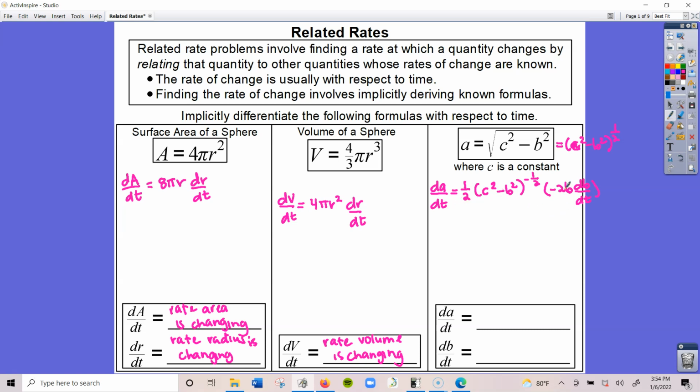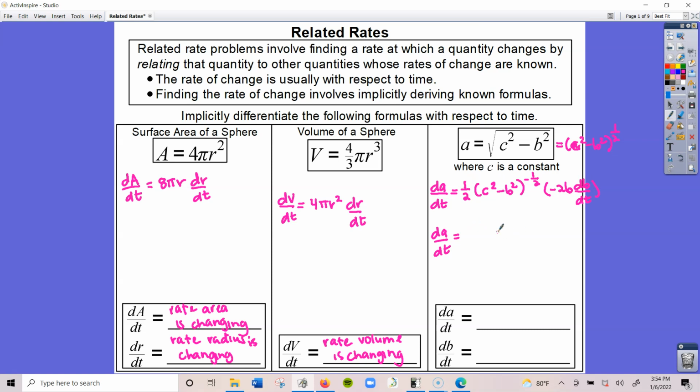Now, of course, with any of these derivatives, we never want to keep negative exponents because we are going to be plugging in numbers. So I would rewrite this using only positive exponents. So dA/dt is going to equal, now the only thing that's going to stay in the numerator is this negative 2b, as well as the 1 here.